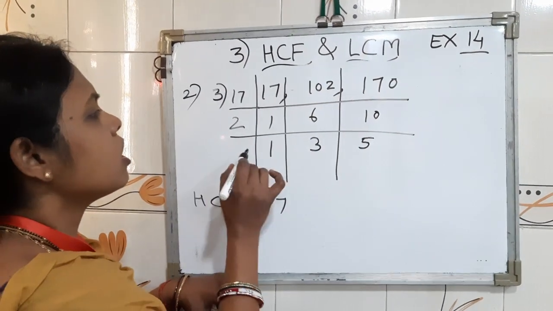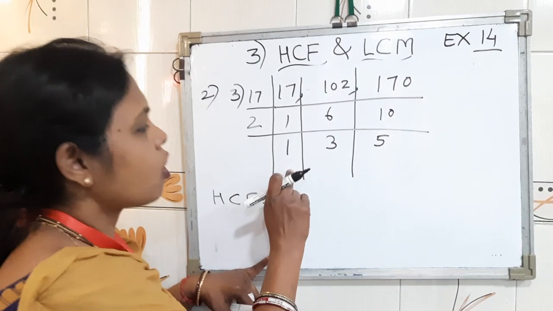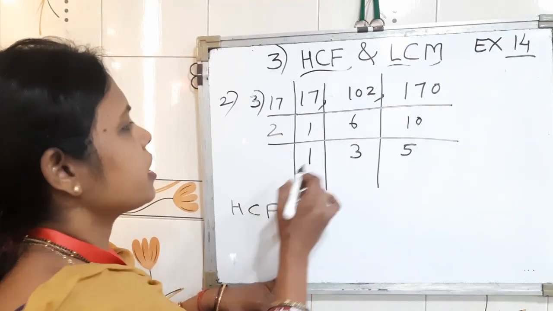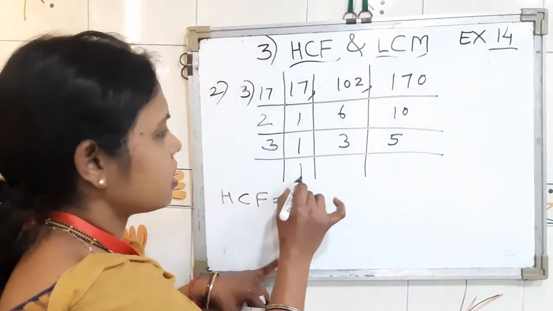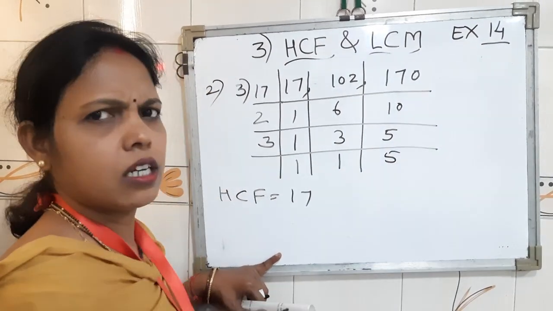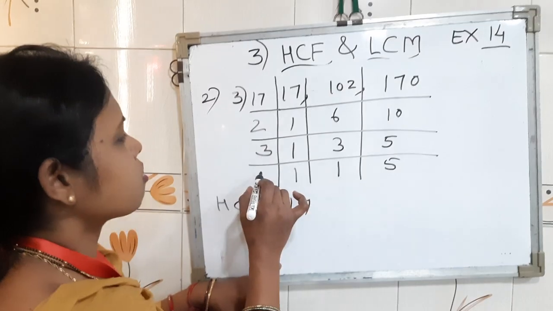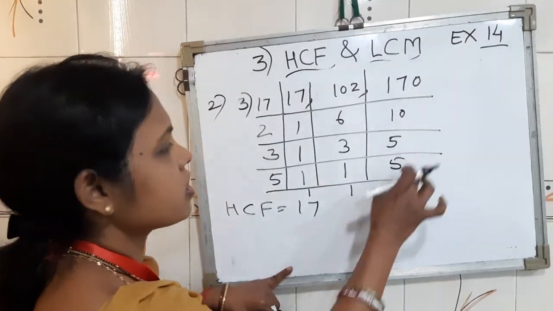Continue this sum till you are not getting 1, 1, 1 for all 3 numbers. Therefore, after that, 3, 3 1s are 3, this number will remain the same because we are not getting 5 in the table of 3. Next one, 5. Here you can see 1, 1, 1, 5 1s are 5.